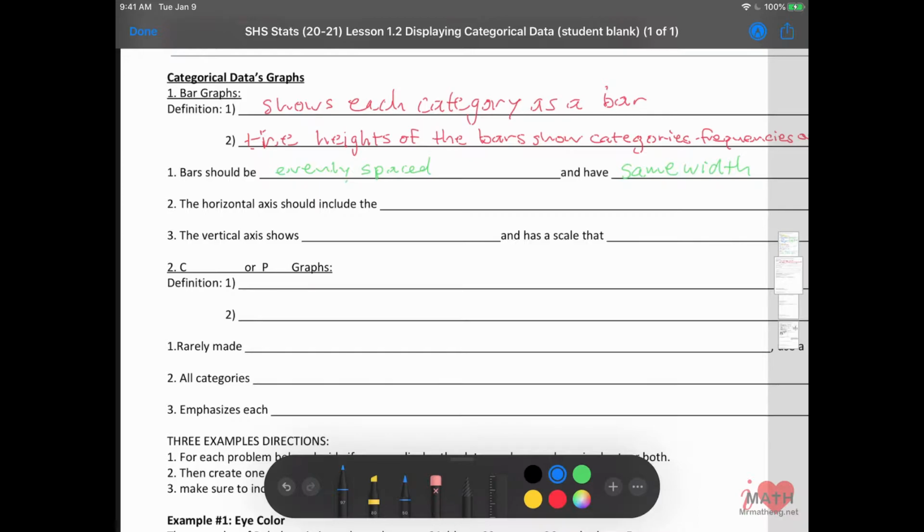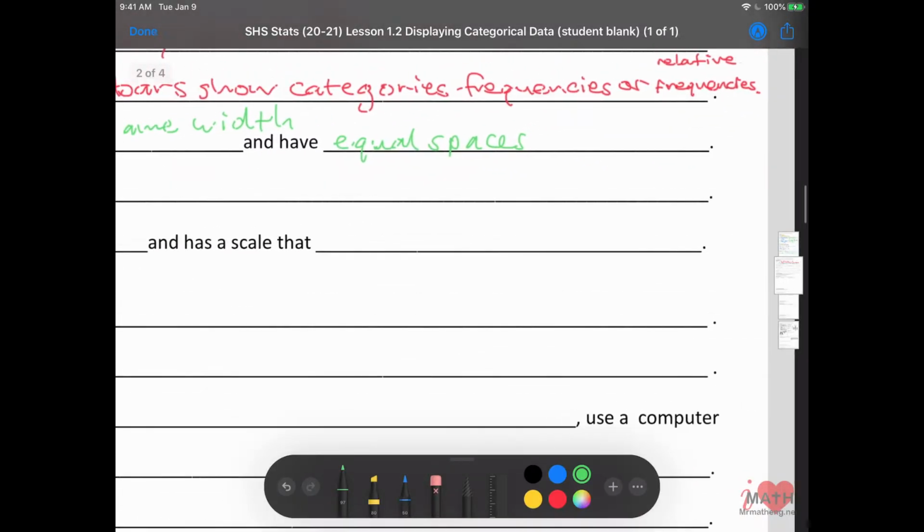Sorry. Evenly spaced with same width and have equal spaces between each bar.